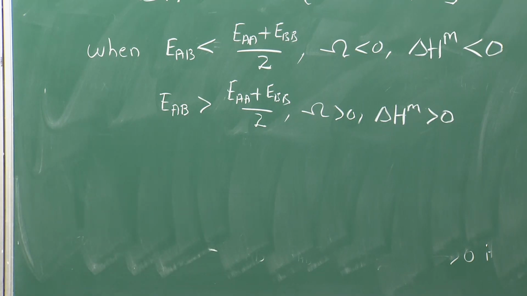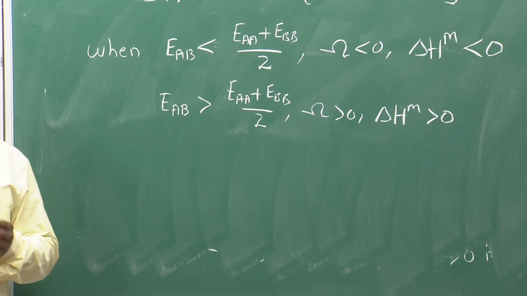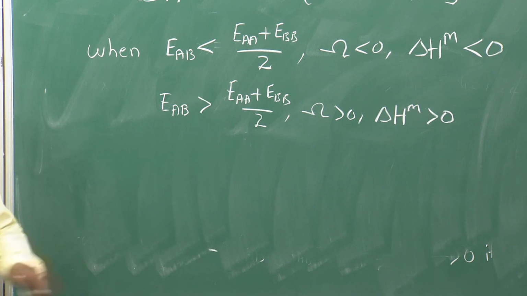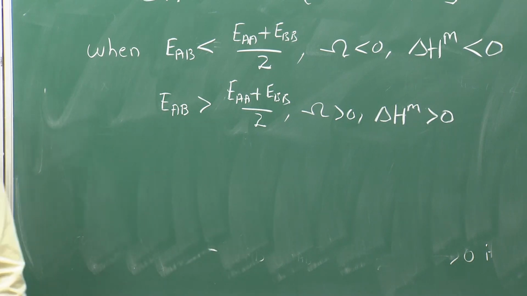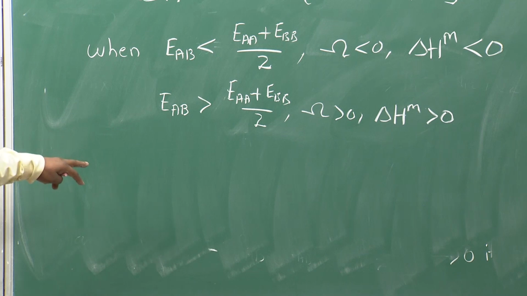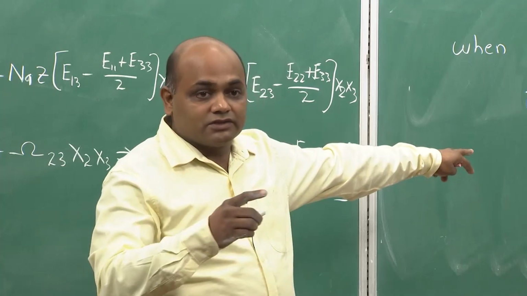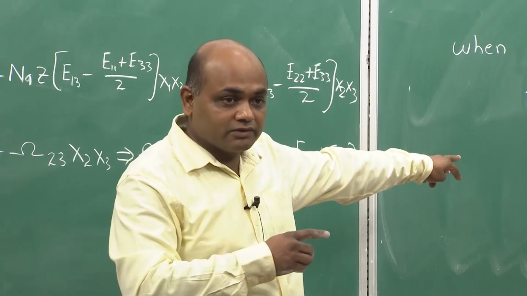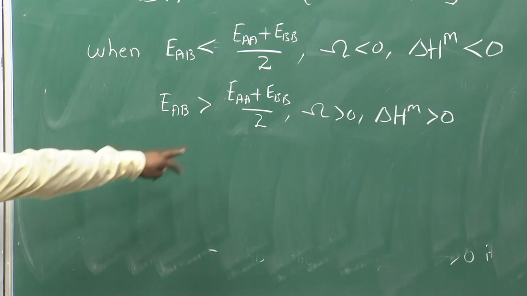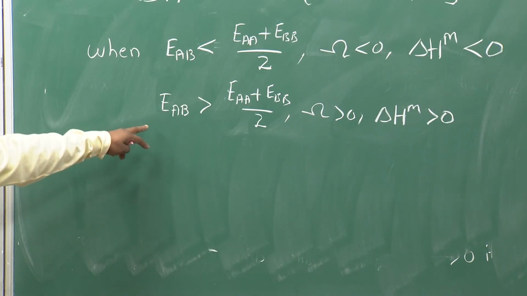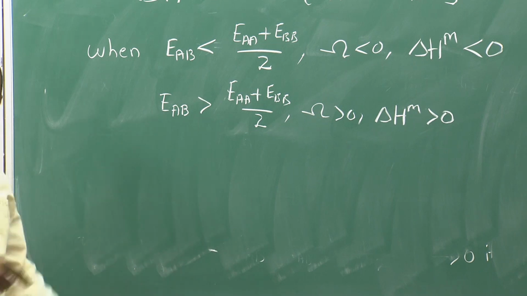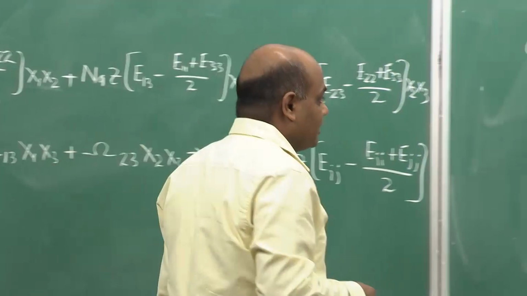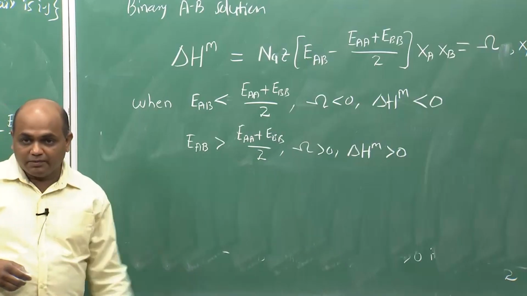If AB bonds are weaker, which means AB bonds have higher energy than the average of AA and BB, then by forming solution you are replacing some AA and some BB bonds with AB bonds. So you are replacing bonds with lower energy with bonds with higher energy, which means energy has to be provided to form the solution, and that is why delta H will be positive.